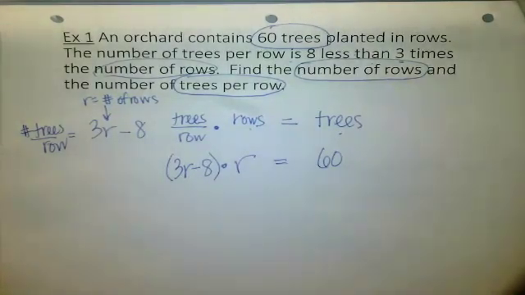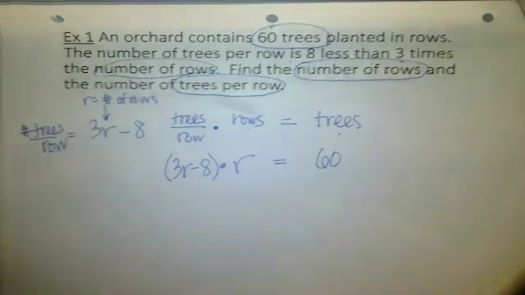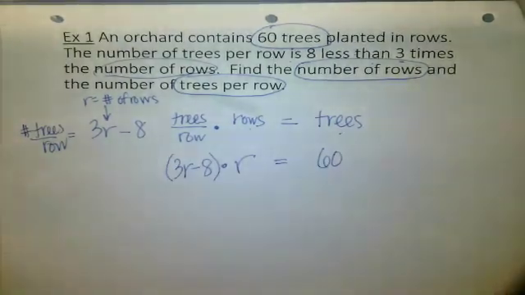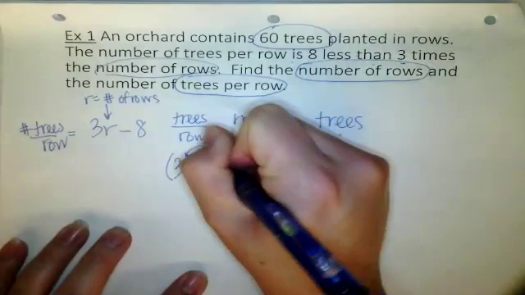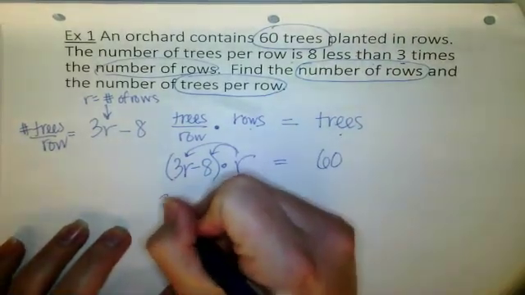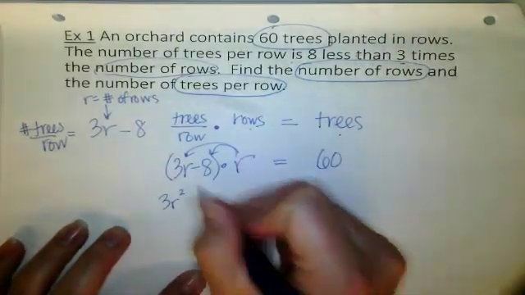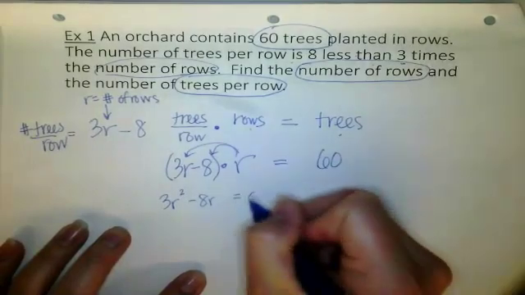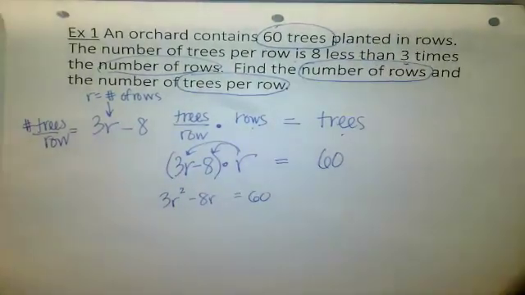All right, so what should I do with that times R? Distribute it. All right, so 3R times R is 3R squared minus 8R equals 60. And we can solve.